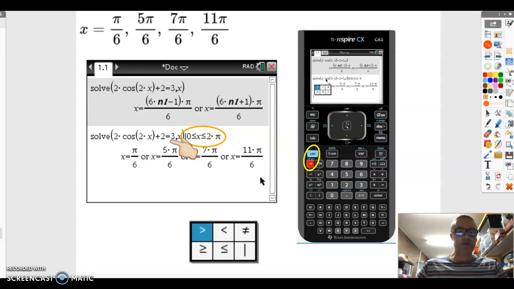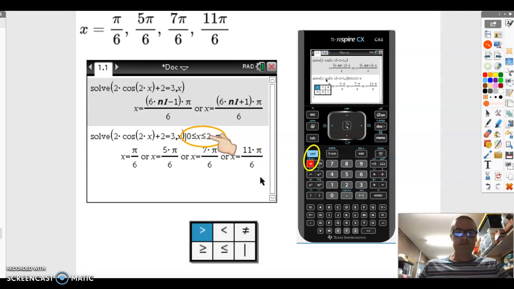I've got the equation in brackets with the comma and the variable that we solved for, and I've closed the brackets, and then you'll see this vertical line, and we've typed in the interval for x. X is greater than or equal to 0, less than or equal to 2 pi. And after we've pressed enter, as you can see, we get the exact same 4 solutions that we did by hand.